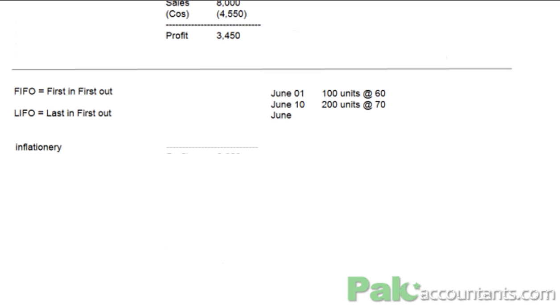For June 20, you bought 300 units at 80. And on June 30, you bought 400 units at 90. Okay, so just an assumption: your rate is increasing as the time is passing, as you are progressing through the time, your rate is also increasing.